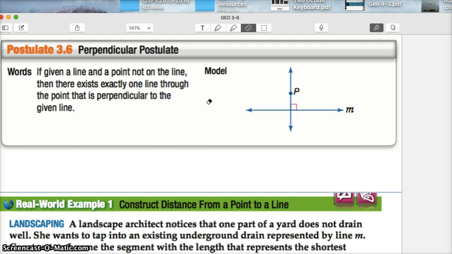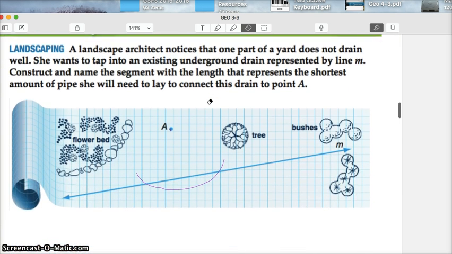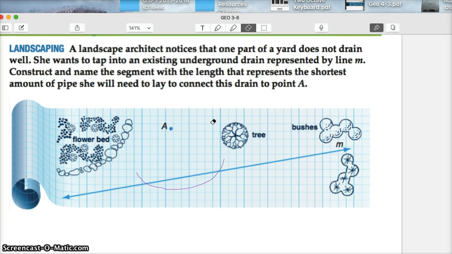What we had, and I'm going to skip this example now, was an example which talked about finding the distance from this point, or drawing a segment that was the shortest distance. We'd have to use a little bit of our construction skills. I'm going to skip that now because it's not that hard, and it's not the crux of what you want to be able to do in this section.